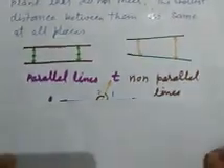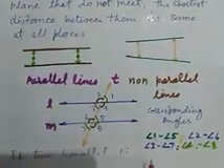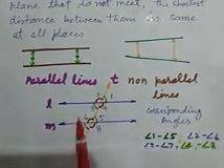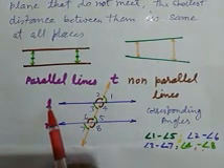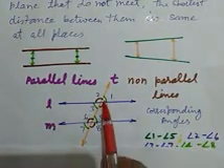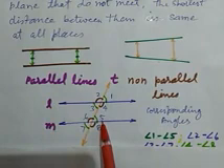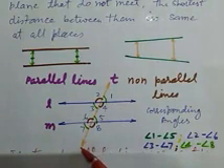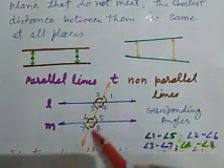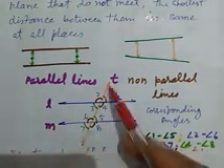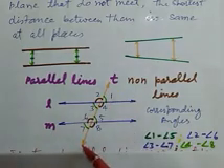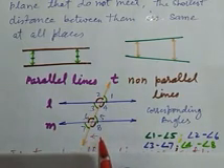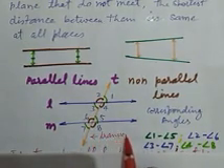Okay. Now we take two parallel lines. Here L and M are two parallel lines, and this line T intersects them. That is, this line T is a transversal.